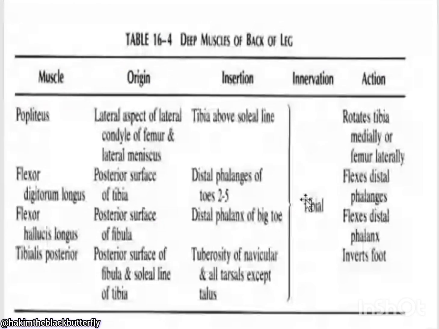So they are also supplied by the tibial portion of the sciatic nerve, and you can see that the flexor digitorum longus flexes the distal phalanges of the lateral 4 digits, digits 2, 3, 4, and 5, opposing the extensor digitorum longus.